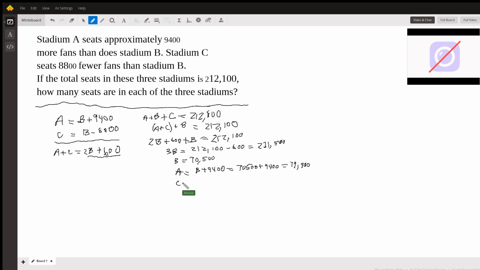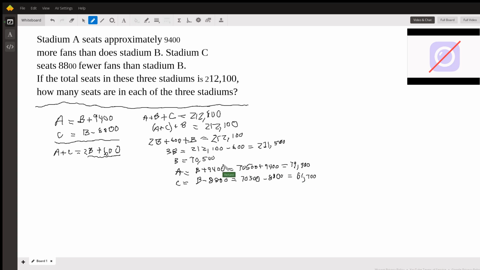And then C is going to be equal to B minus 8,800. So that's going to be 70,500 minus 8,800, and that comes to 61,700.